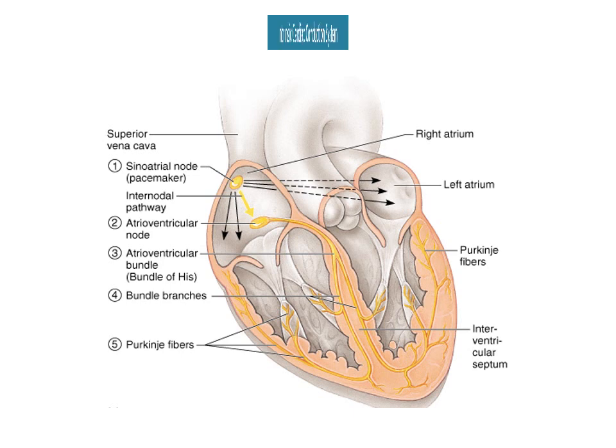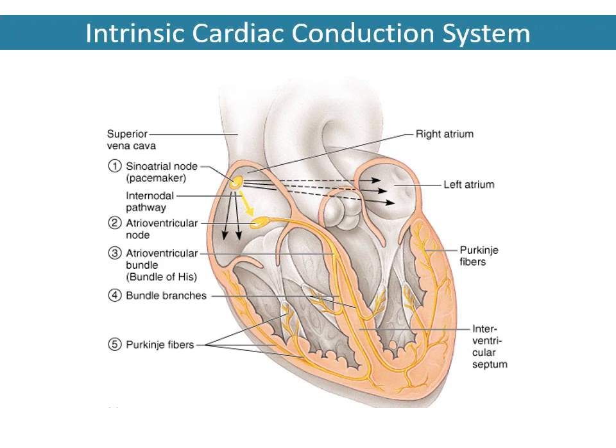This slide shows the revision or summary of the intrinsic cardiac conductive system. The cardiac impulse originates at the SA node, extends to the atria and then through the internodal pathway to the AV node.